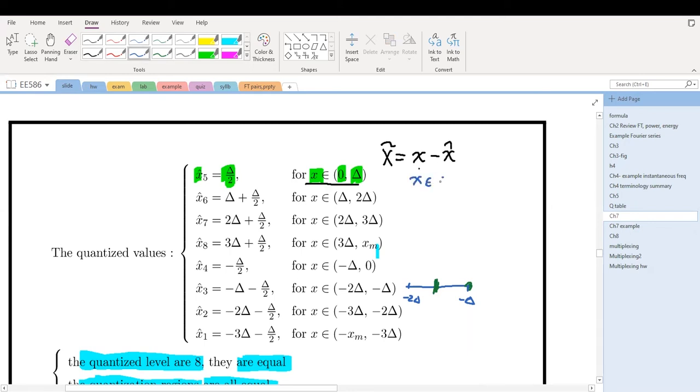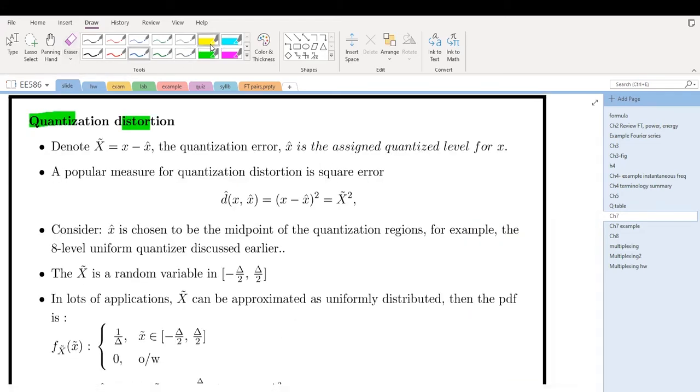With x in between 0 to theta, x hat equals theta half. So therefore, x tilde is in between minus half theta to half theta. That's uniformly distributed because the value of x is uniformly distributed from 0 to theta. Now we understand that the error is a random variable, uniformly distributed in minus half theta to half theta.